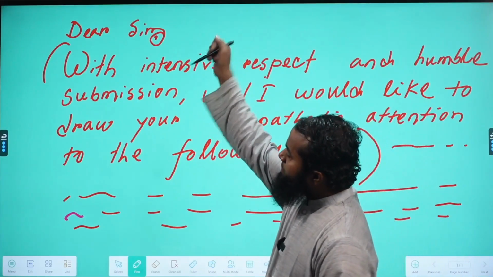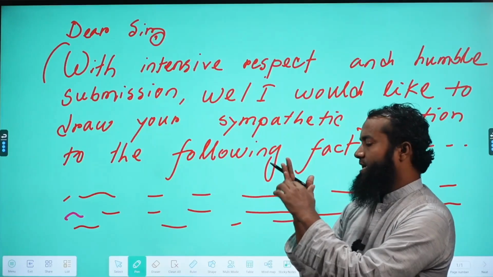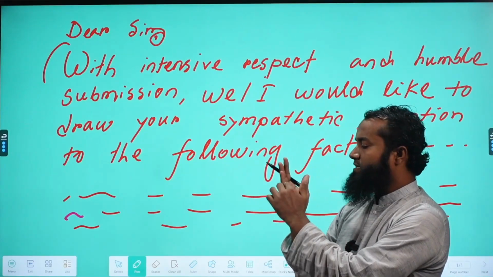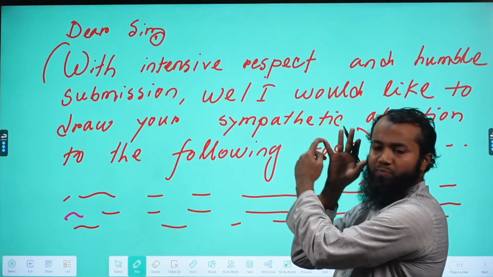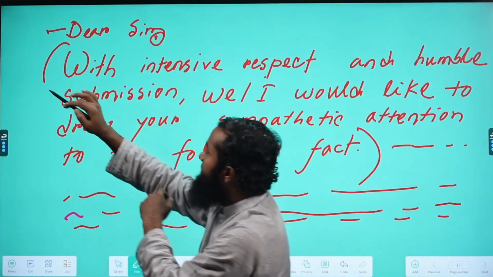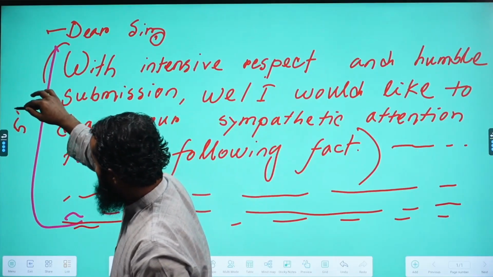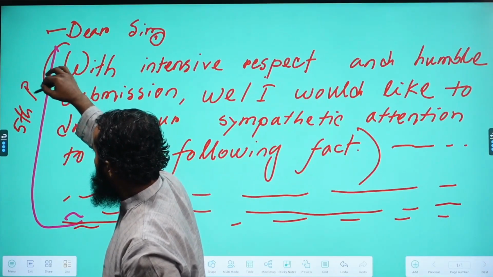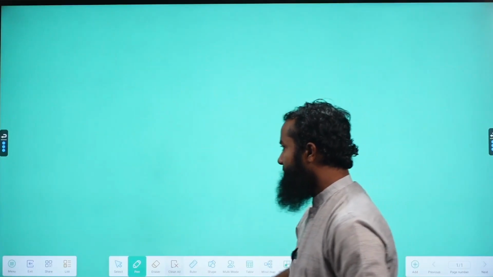Okay, now, so we got the first part, date, and then the second part is inside address, and the third part is subject line, and then the fourth part is salutation, and this one is the fifth part, right? Okay, fine. Now we're going to the sixth part.